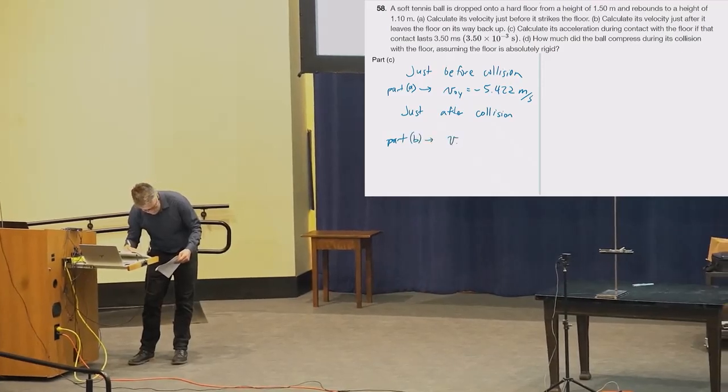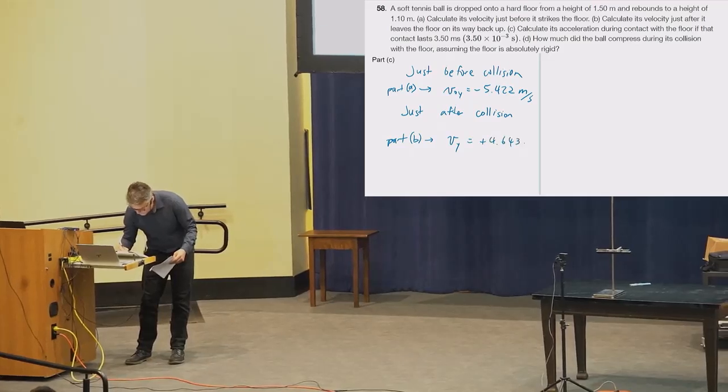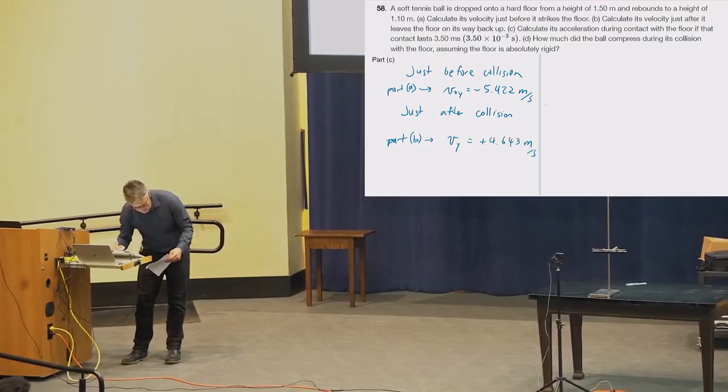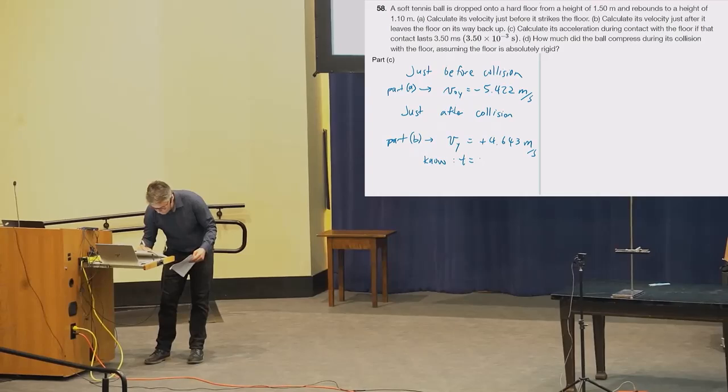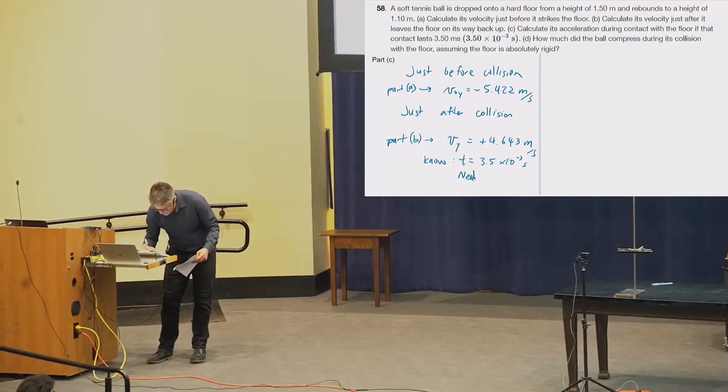I'm going to call that the final is equal to plus 4.643 meters per second. And we know that this all happened in t is equal to 3.5 times 10 to the minus 3 seconds. And we need the acceleration.